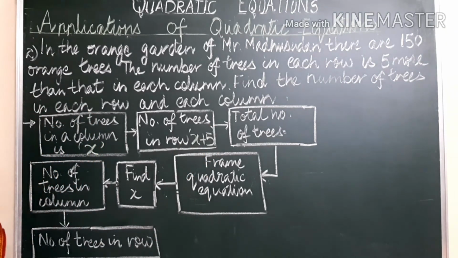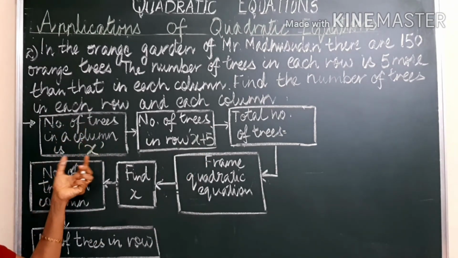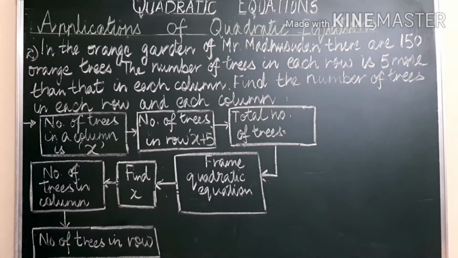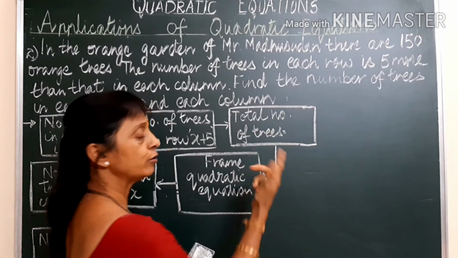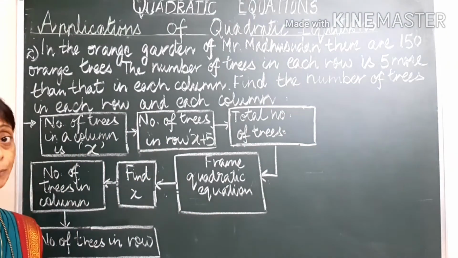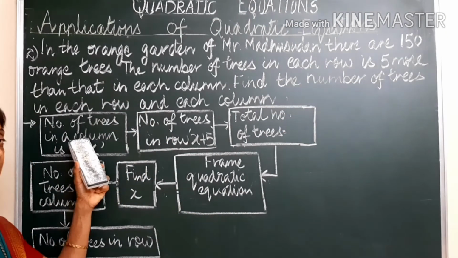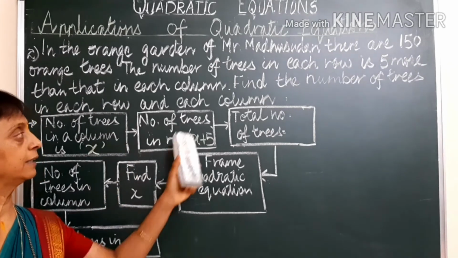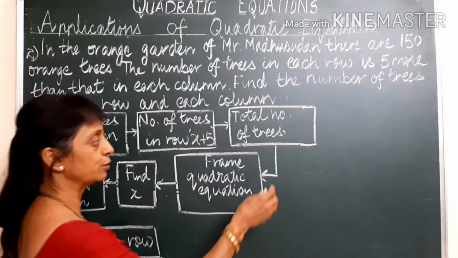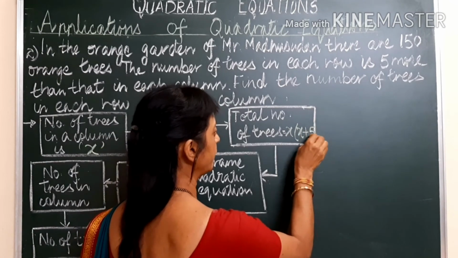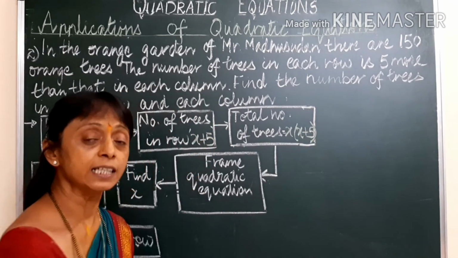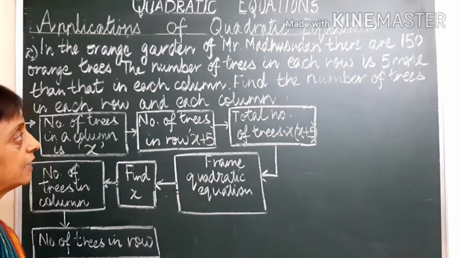So now here we have got the number of trees in each column, the number of trees in each row. So therefore, children, the total number of trees will be what? We will take the product of the number of trees in each column multiplied by the number of trees in each row. So that becomes x into x plus 5 will be the total number of trees in that plot.